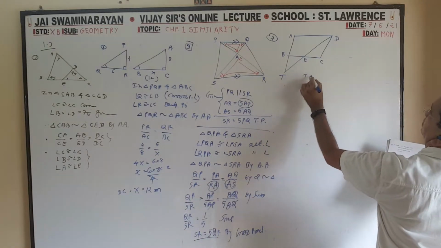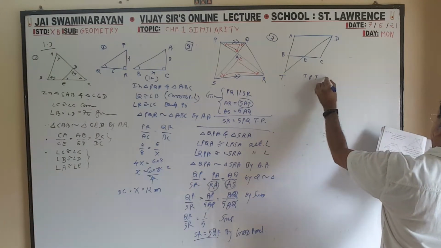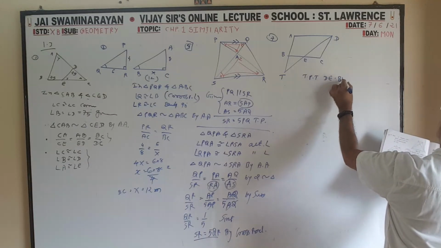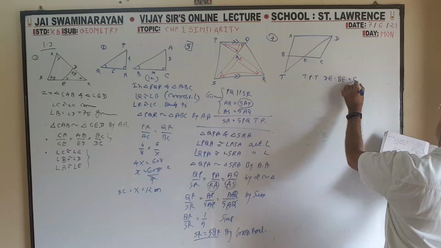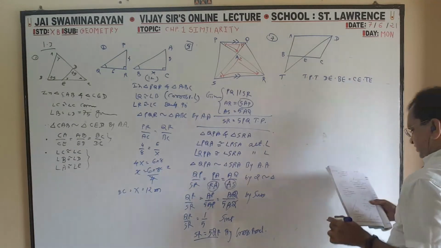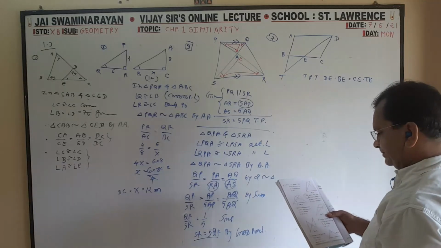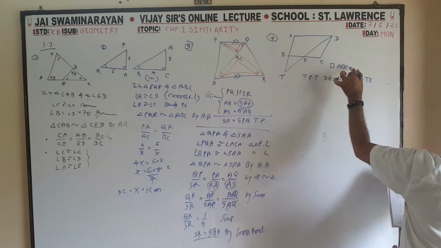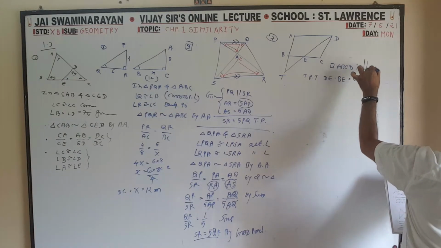What to prove? DE dot BE equals CE dot TE. Quadrilateral ABCD is a parallelogram.